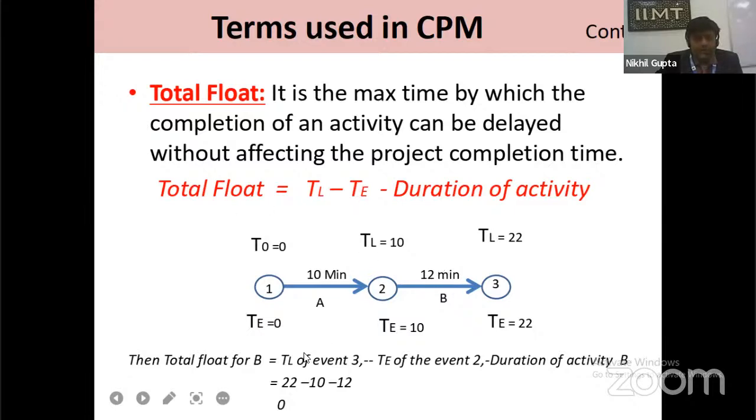It is TL of event 3, which is taken as 22, minus TE of event 2, which is 10, minus the duration of the activity, 12. TL minus TE minus 12 is equal to 0. This is the total float.